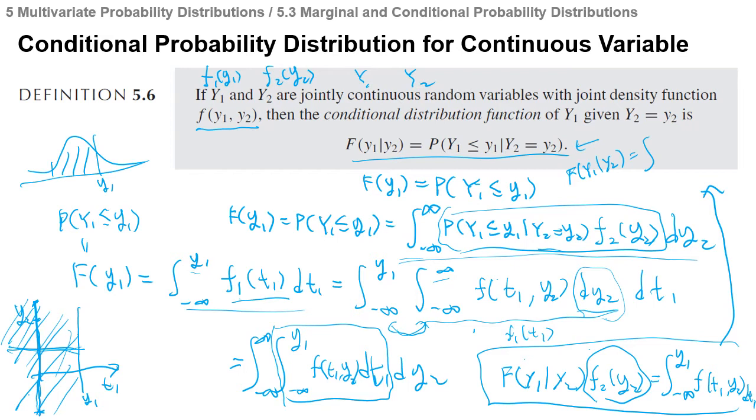So it is the integral from minus infinity to y1 of f(t1, y2) divided by f2(y2) dt1. Okay, so you can calculate with this formula, and this is what I will show you next.